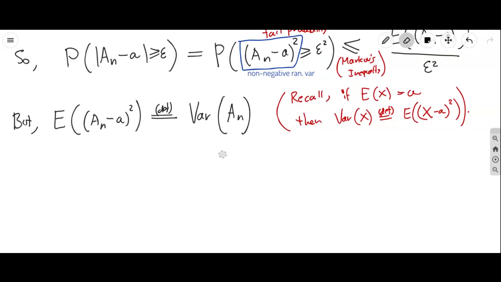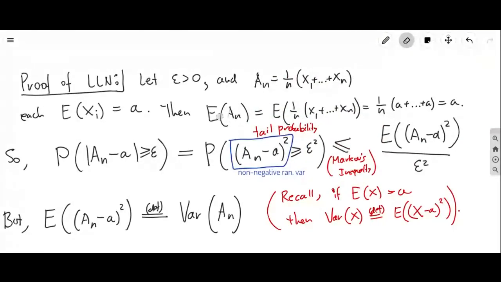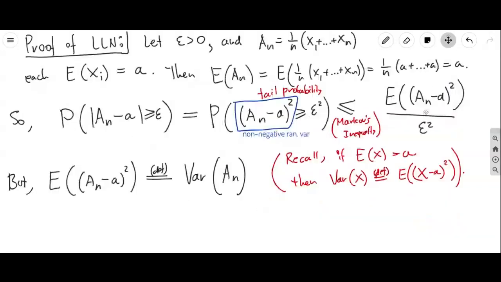That's the definition of variance. That's exactly what we're doing. You see, we have shown that the expectation of An is equal to a also. And so the expectation of (An minus a) squared is by definition the variance of An.